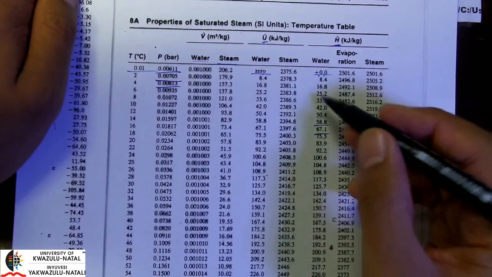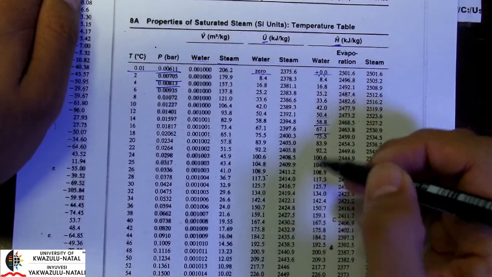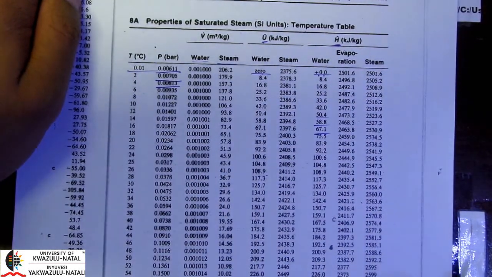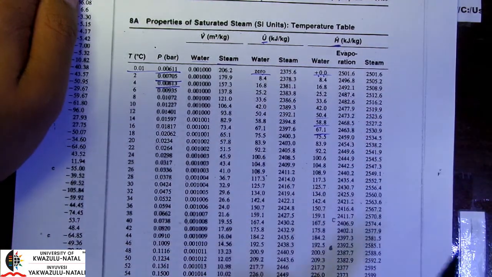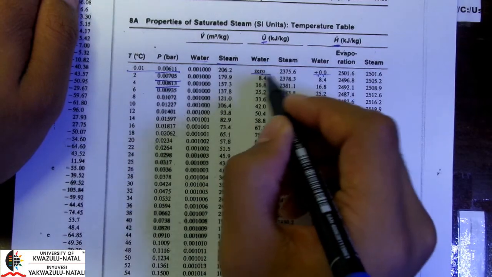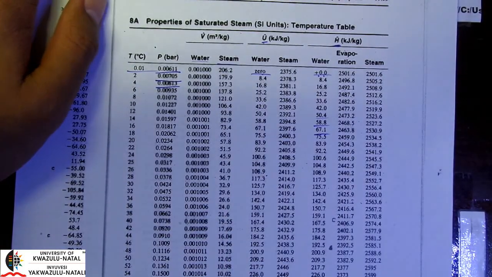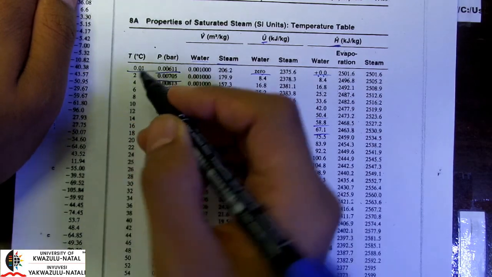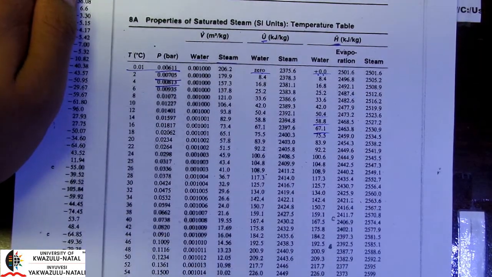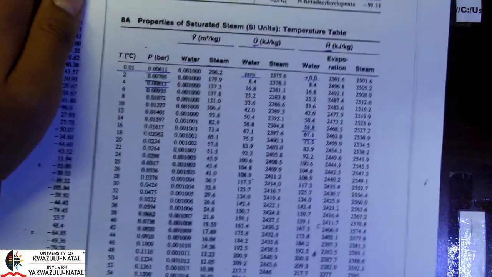So it's important when you are using steam tables to actually use the same table for all of your calculations, because all of these values are referenced to a certain zero point. In this case we are looking at a temperature of 0 degrees for water. Other tables could use triple point as the reference.